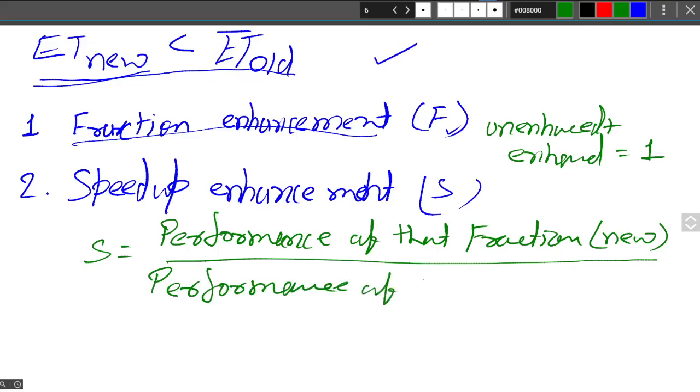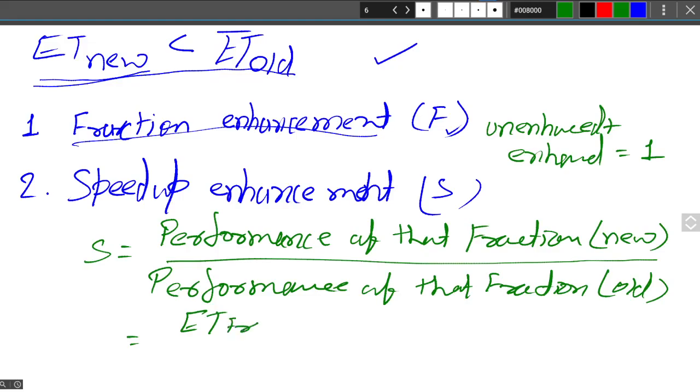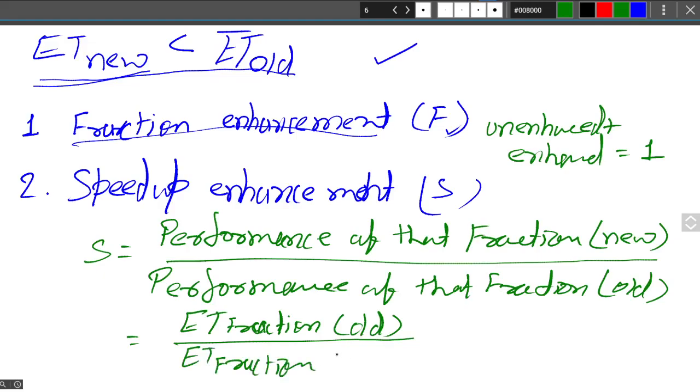This can be understood as ET of the fraction, not the whole system: the fraction ET in the old system upon the execution time of the fraction in the new system.